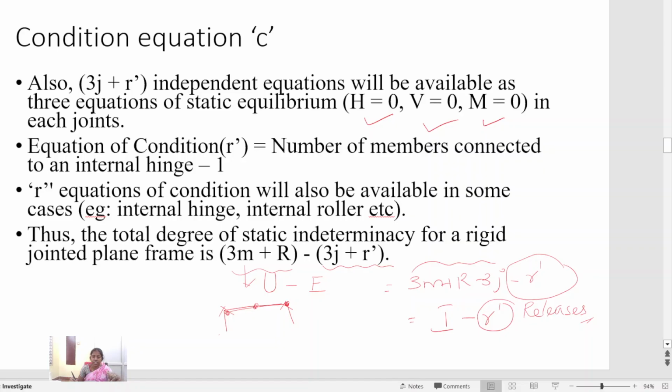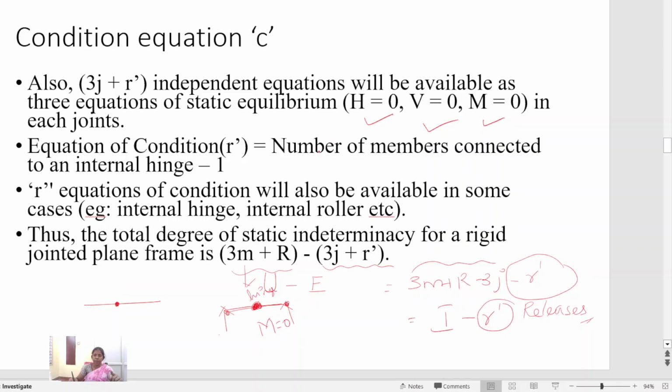By introducing a hinge, we can make an additional equation, that is M equal to 0 at this point. So we are introducing a hinge and making one release in between two members. So two members are connected by one hinge.